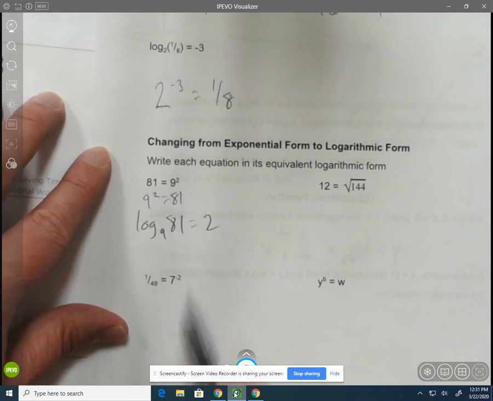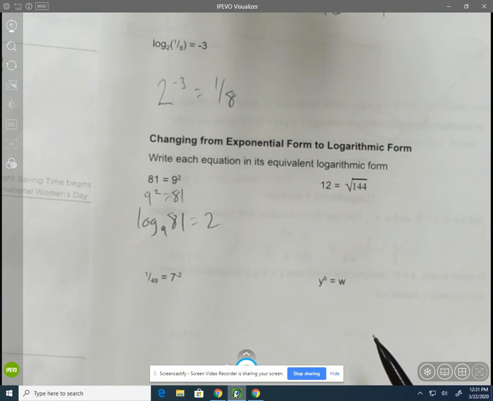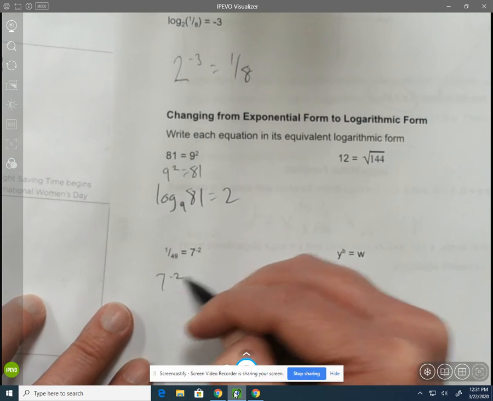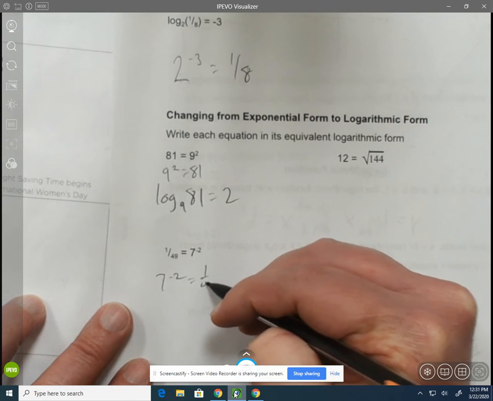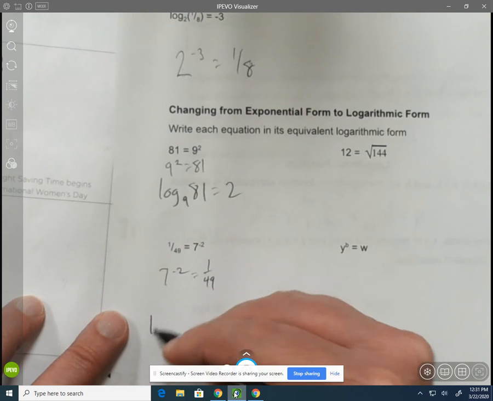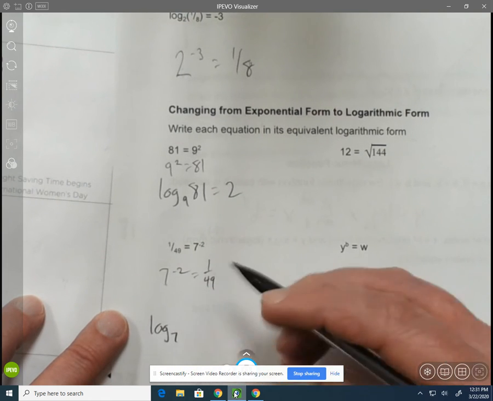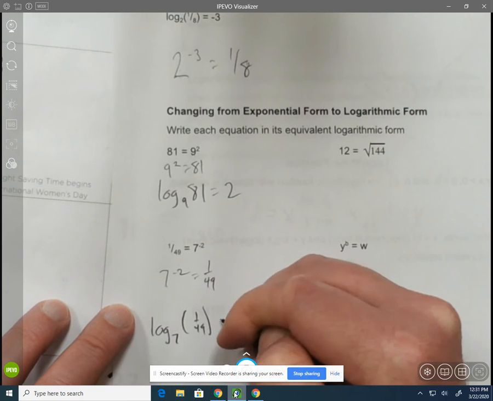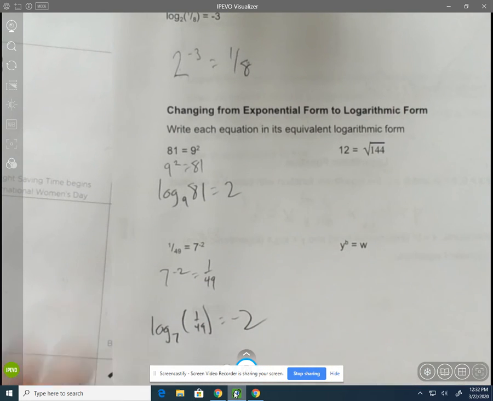That way you can see the actual switching there. I'm going to go down here to this one, and I'm going to write it with my exponent on the left-hand side. I think that'll be easier for you to see. So again, this is a base, so it's log base 7, and then I switch these two, of 1/49th equals -2.